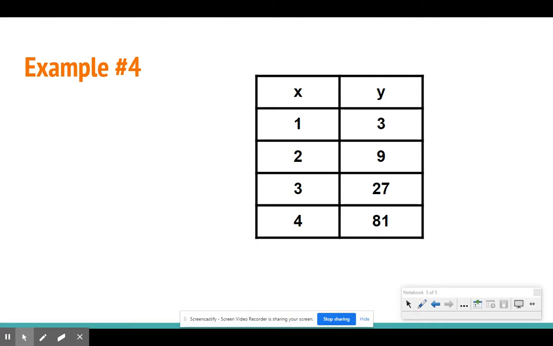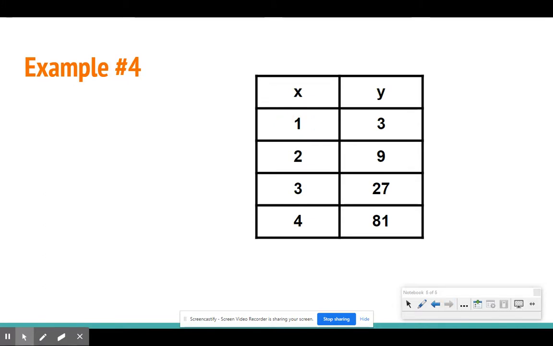Now, example 4 is different than the last 3. If we were to go back and look at examples 1, 2, and 3, you'll notice that we don't have a 0 value here. And all of the other ones, we had 0 as our starting point.